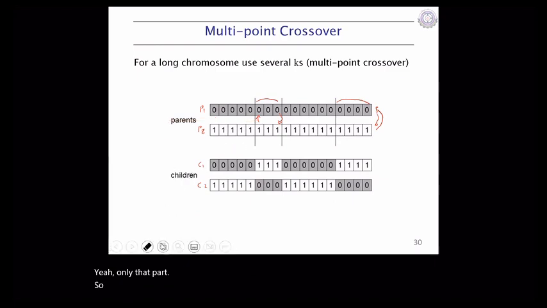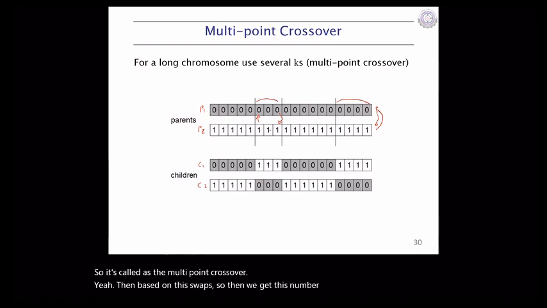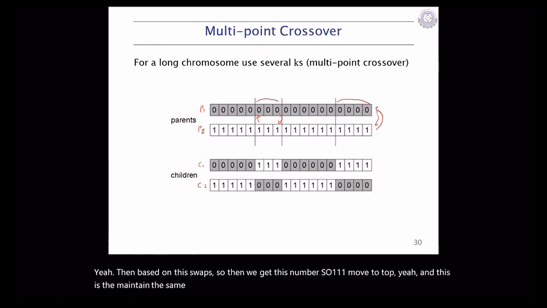So it is called multi-point crossover. Based on these swaps, we get these numbers. So 1, 1, 1 moves to the top, and this maintains the same, and the last one, the fourth part, is swapped, 1 to top and 0 to down. So we get the crossover for multi-point.